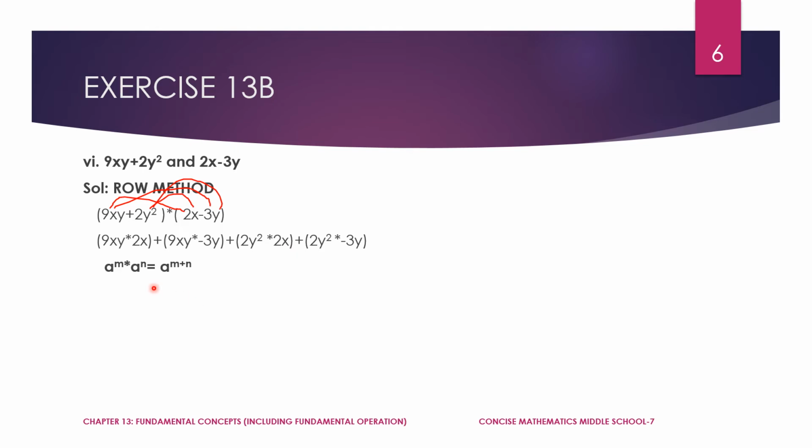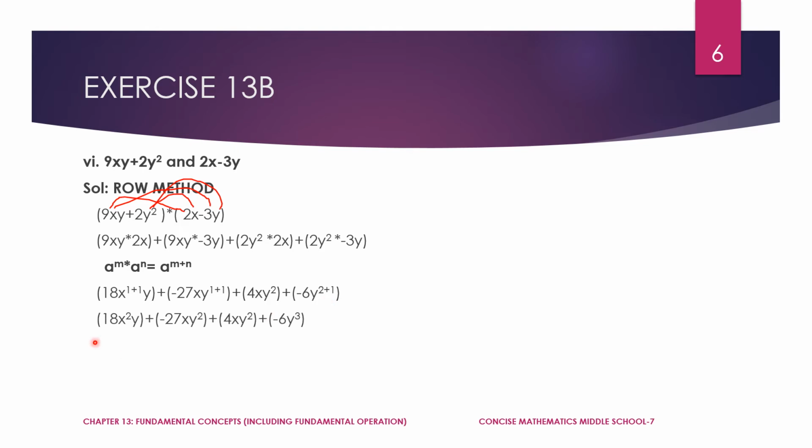On the next step, the formula you have to write as we need to solve this. 9 2s are 18, x to the power of 1 plus 1, y. Plus into minus, minus. 9 3s are 27, x, y to the power of 1 plus 1. Plus 2 2s are 4, x, y square. I'm writing as it is. Plus into minus, minus. 2 3s are 6, y to the power of 2 plus 1.